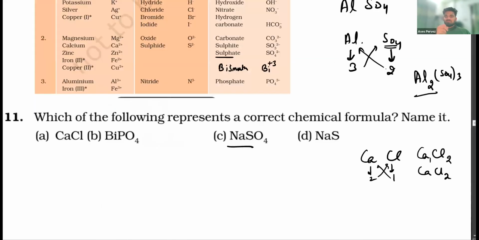You understood this one? Alvina, you understood? Sir, yes, but then I got all of them wrong. All of them are incorrect. Where you said that bismuth has +3 and PO4 has -3, when they are the same, they cancel out each other, and therefore the formula is BiPO4. And this is correct.